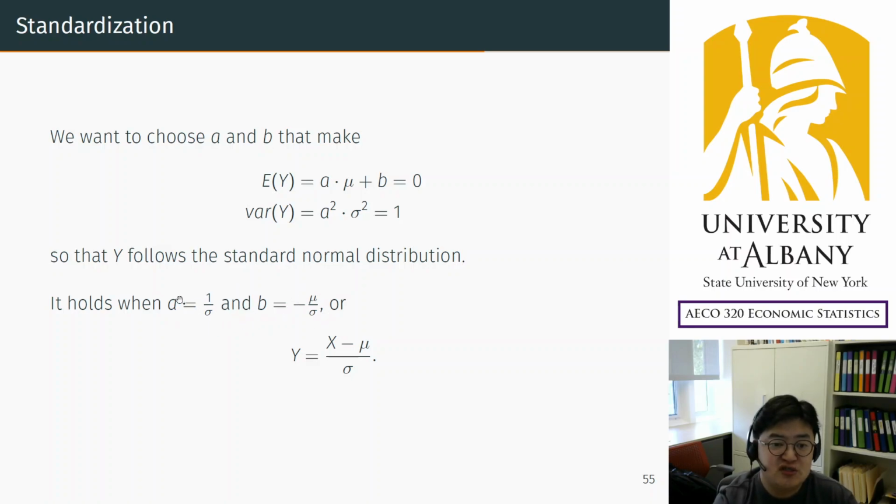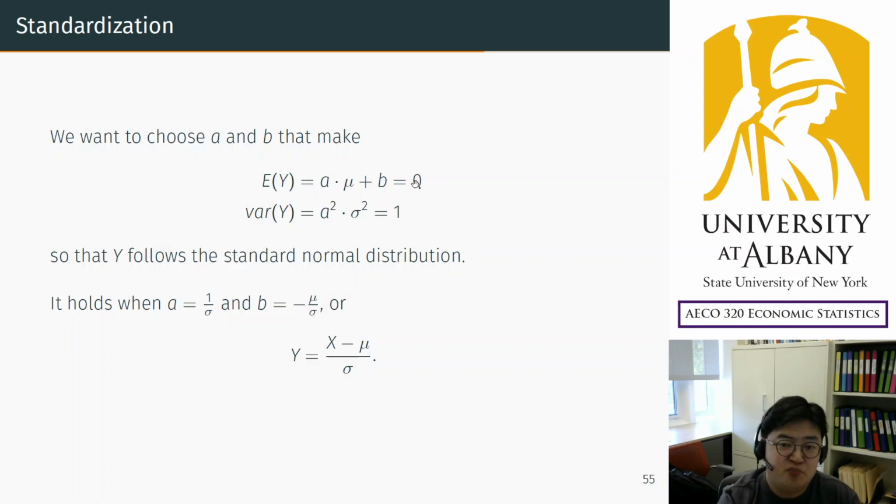First, if you choose A as 1 over sigma, divided by the standard deviation, then for the variance, if you plug that into here, the 1 over sigma squared cancels out sigma squared. So the variance becomes 1. And if you choose B as minus mu over sigma, then the expectation becomes A times mu, which is mu over sigma, right? 1 over sigma is multiplied to mu. And then you subtract the same thing.